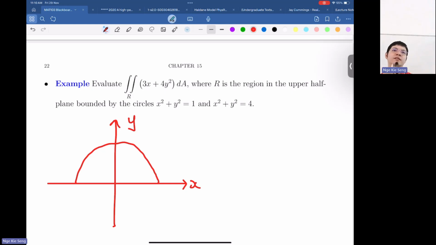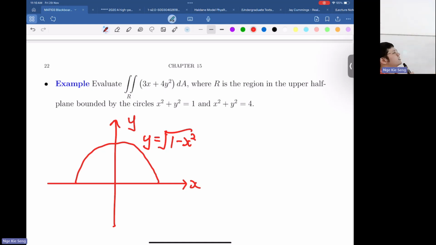The upper semicircle. y equals what? Good. That's correct. So the positive side, because y is positive, right?